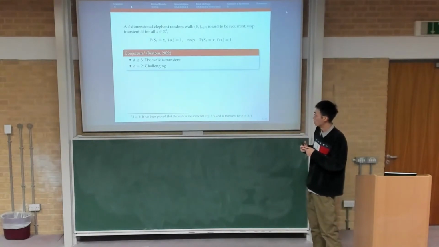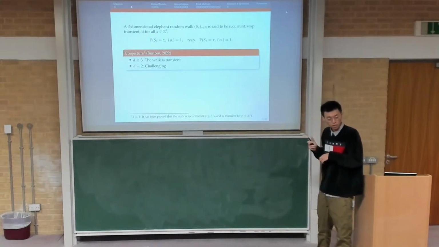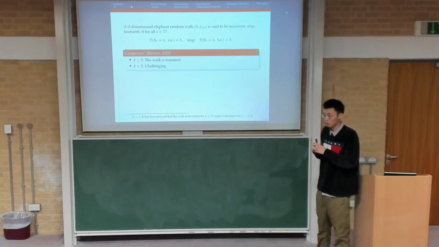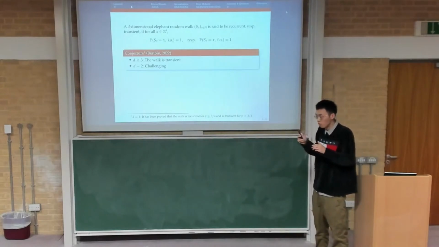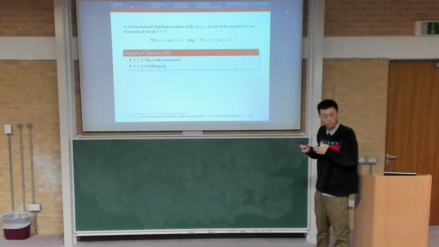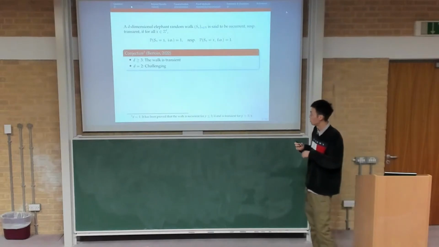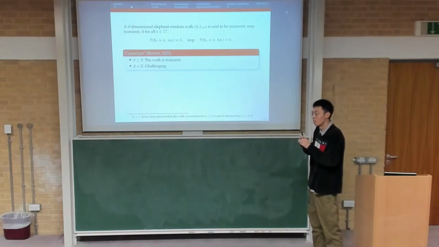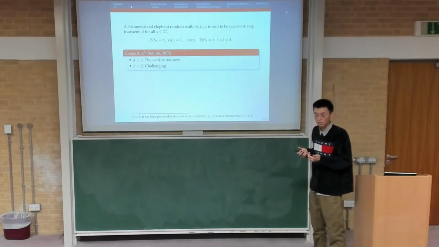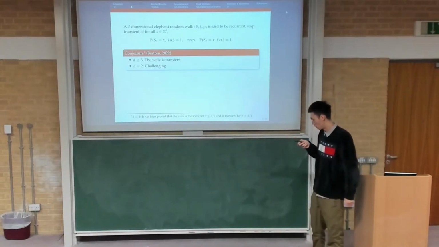made a conjecture that in dimension at least 3, it should behave like a simple random walk. It's transient. And in dimension 2, he thought it's a challenging problem because dimension 2 is a critical dimension even for simple random walk, and in this case, it's non-Markovian.